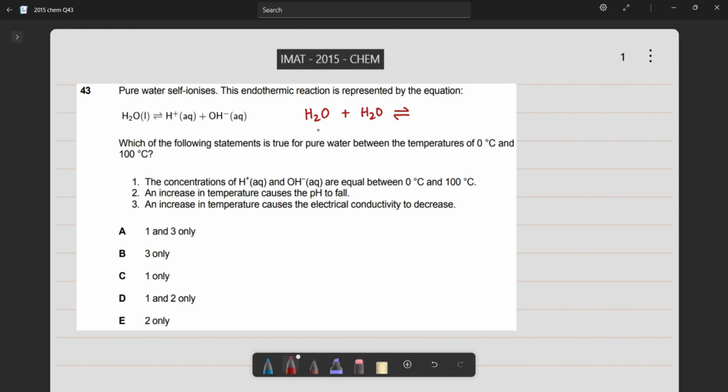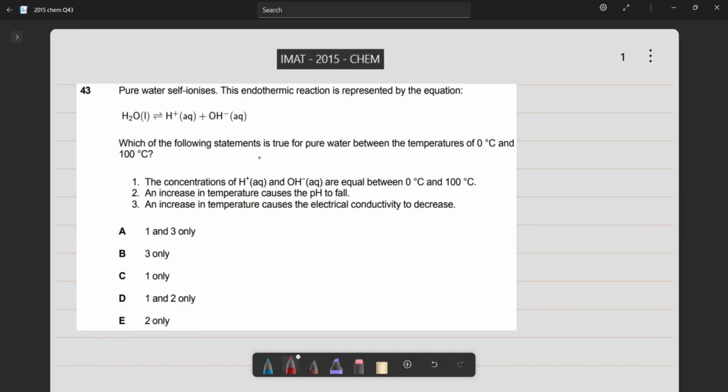So let's say this one will act as an acid, so I'm going to write A, and this one is going to act as a base, B. This base will get protonated, accepting a proton from this water molecule, and so this will leave OH minus plus H₃O plus, which is the hydronium ion, which can also be represented as a hydrogen ion, a proton. So this is then simplified into this equation, which is H₂O into H plus and OH minus.